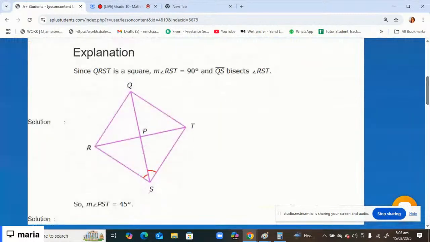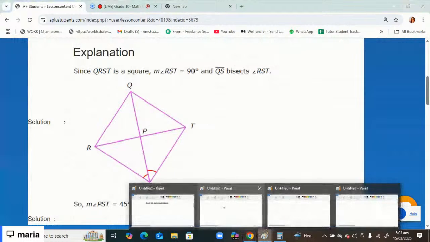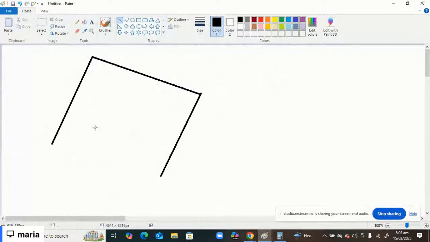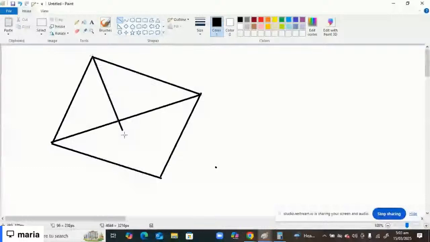Look at the square. The shape is like this, and it is cut into halves.